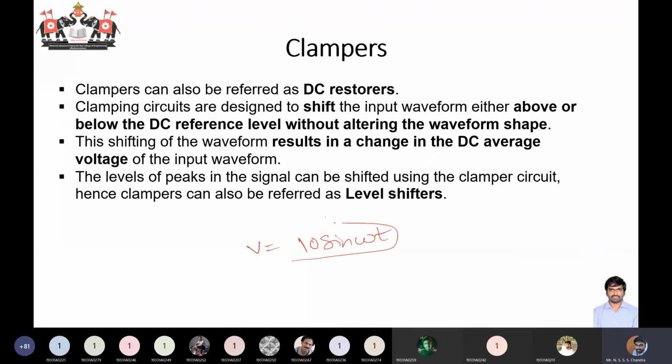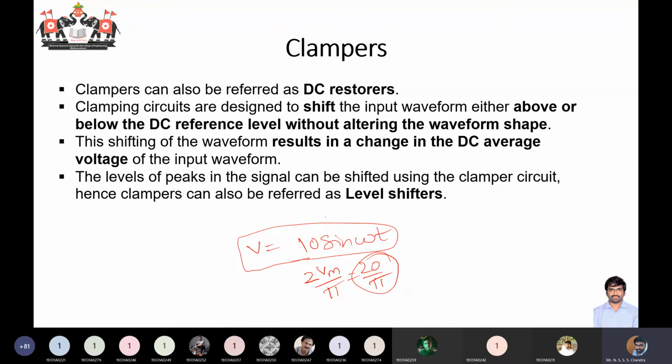What is the average value for this waveform? For a sinusoidal waveform, do you remember the average value? Integrating, it is 2 Vm by pi, that is equal to 20 by pi. This is your average DC value.